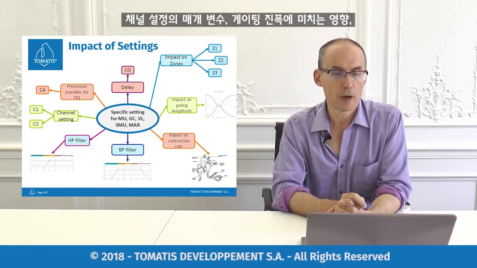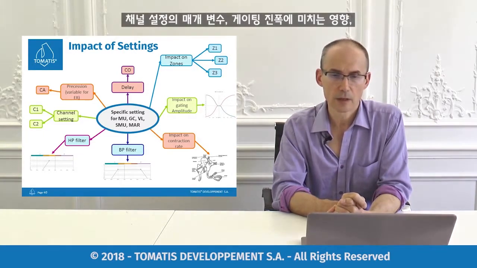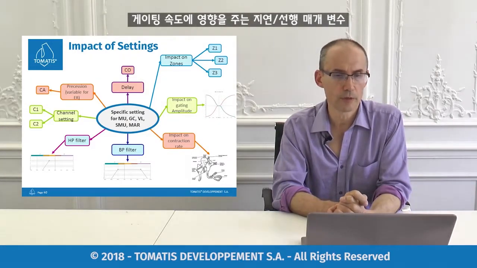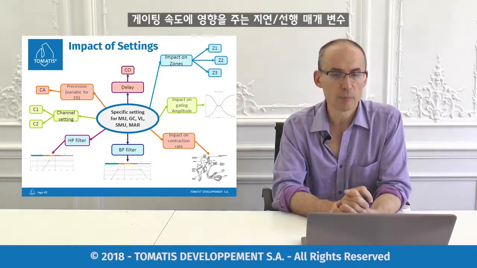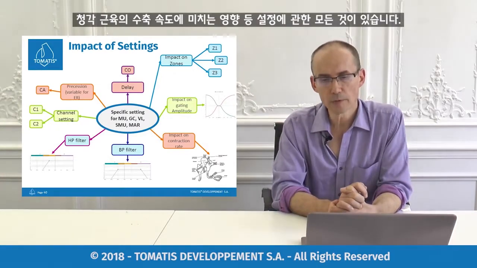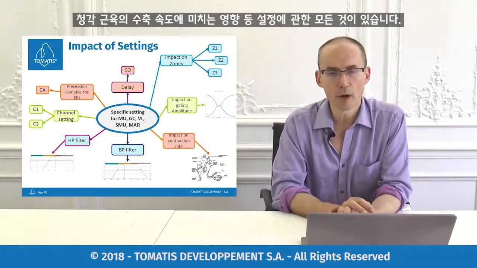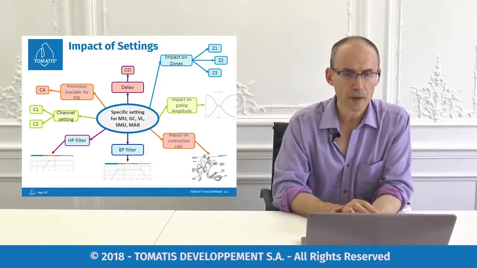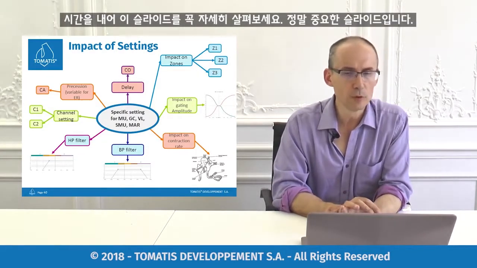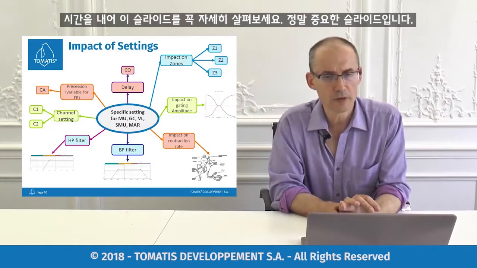You have a parameter of channel setting, the impact of amplitude of gating, and of course the parameter of delay and precession, which gives the speed of gating, which is the impact on the contraction rate of the auditory muscle. So you have everything here. So take some time to review this slide. It's a very important slide, actually.